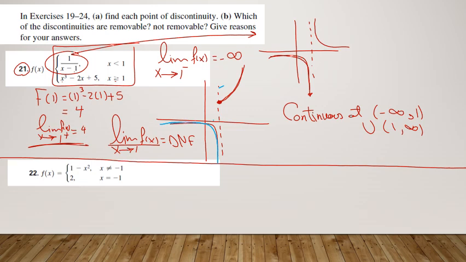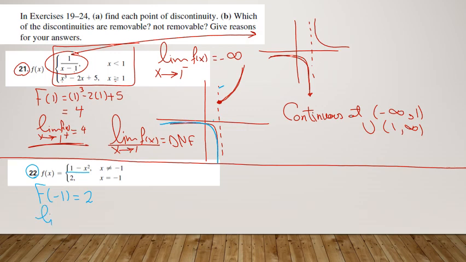Second part, I have number 22, f of x is 1 minus x squared, and at x equal to negative 1 it is equal to 2. So it's clear for us that f of negative 1 is equal to 2. And for any value where x is not equal to negative 1, you are going to plug in here. So the limit from the left and the limit from the right follow the same rule.